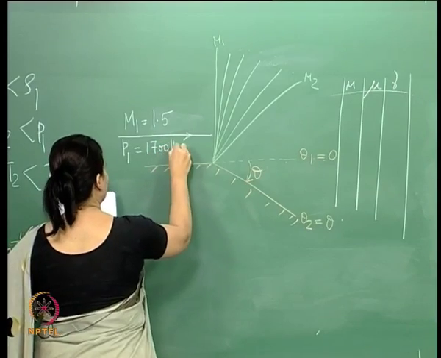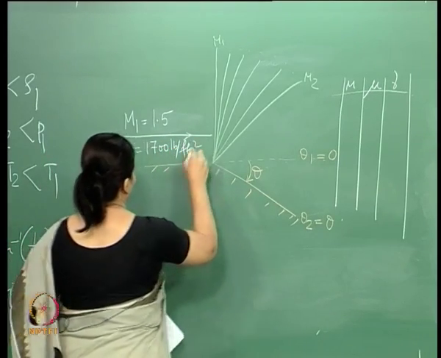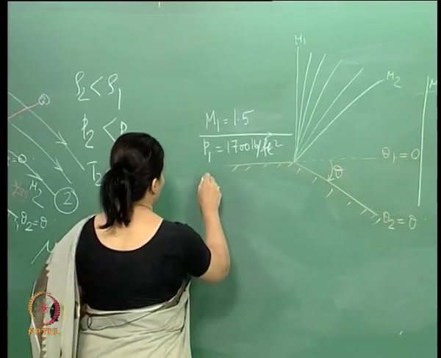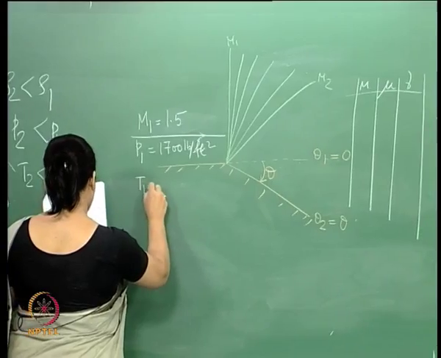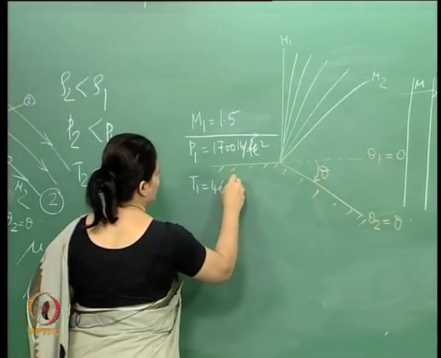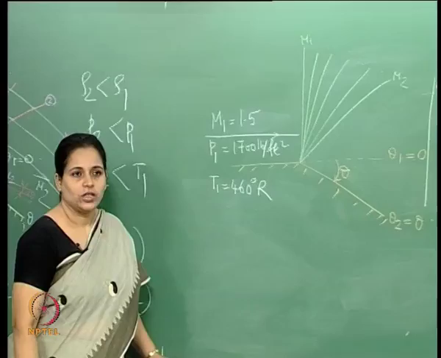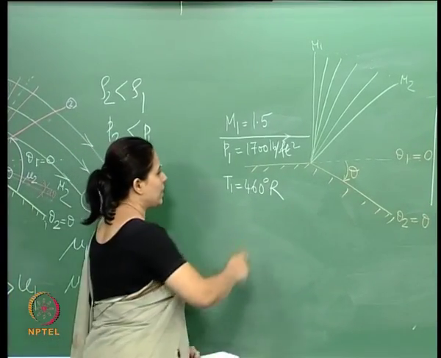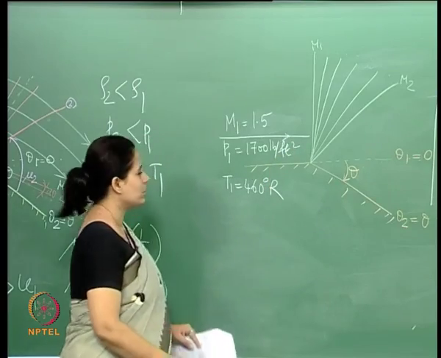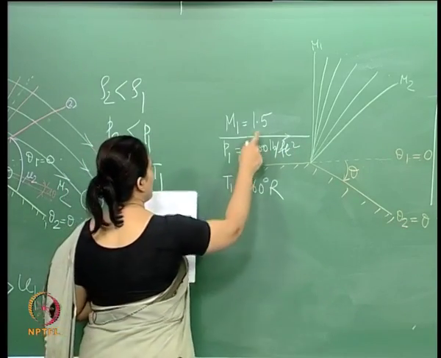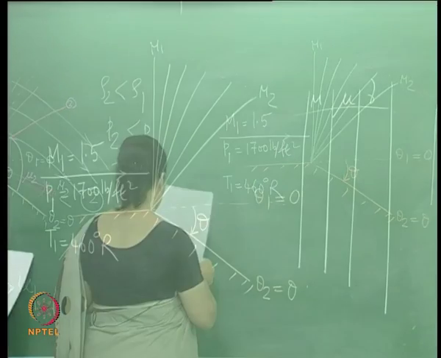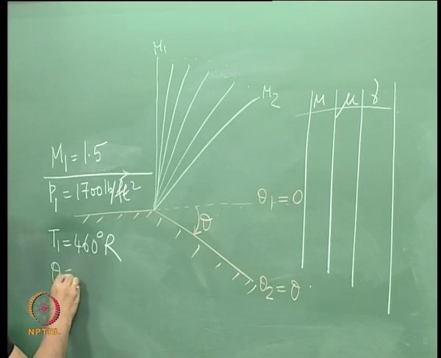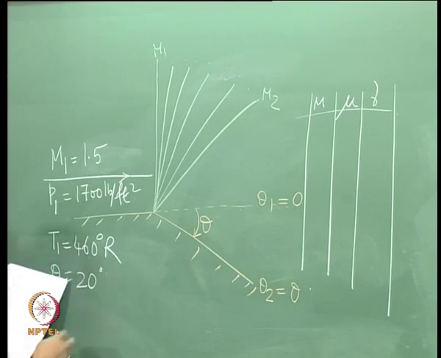You can convert these to SI units. I usually do that, but I didn't get a chance to do it today. T1 is given in Rankine, so just Google it and convert these to Kelvin and Newton per meter square. And theta is equal to 20 degrees.